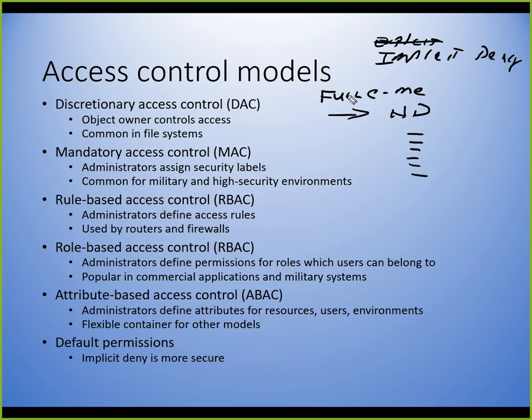If we don't permit you or me or whoever, then you're denied. If we did the explicit deny, you'd have to go to every resource and actually deny access to users. So the implicit deny is very similar to the ACLs that we talked about.